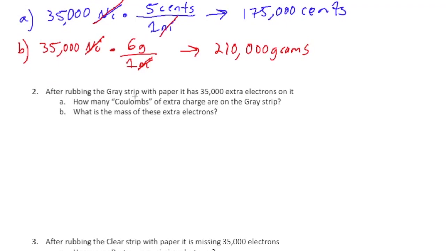Number 2 says after rubbing the gray strip with paper, it has 35,000 extra electrons on it. How many coulombs of charge are on the gray strip? So let's set this up as before. We know that we have 35,000 electrons. I'm going to abbreviate electrons with E minus. And we want to figure out how many coulombs of charge they have. Well, in order to do that, we first need to know how much charge does 1 electron have.